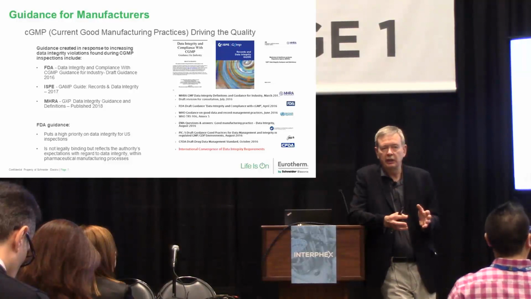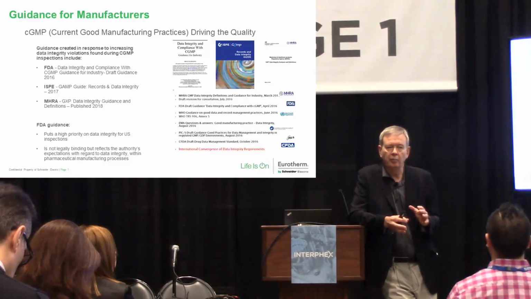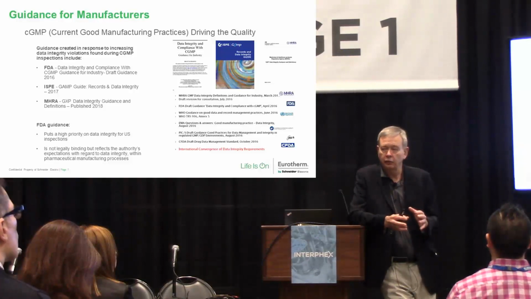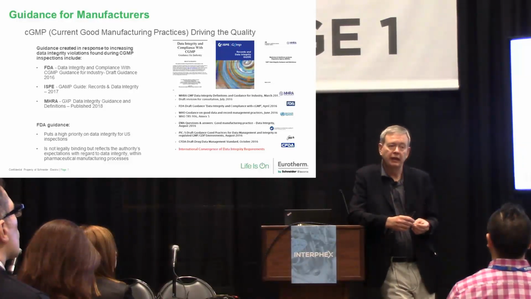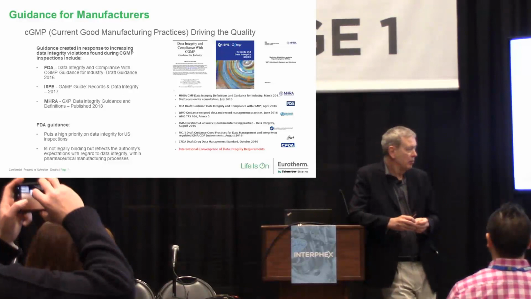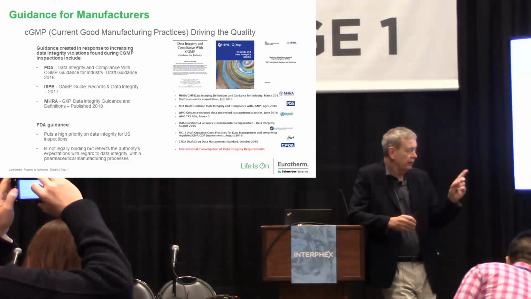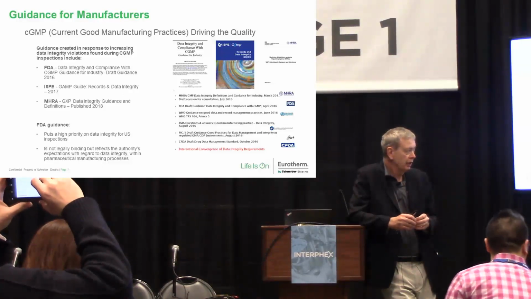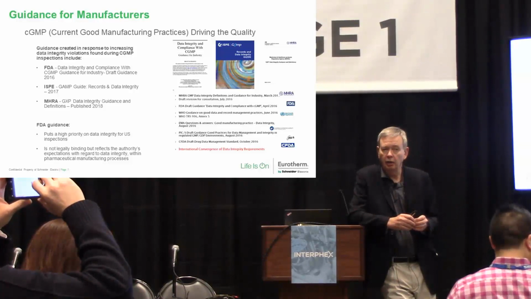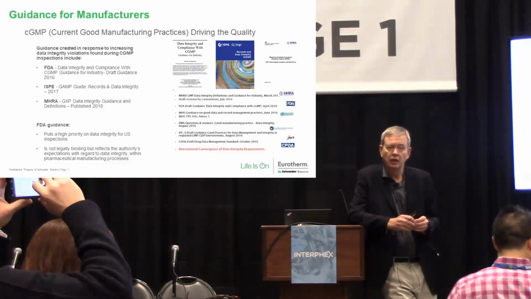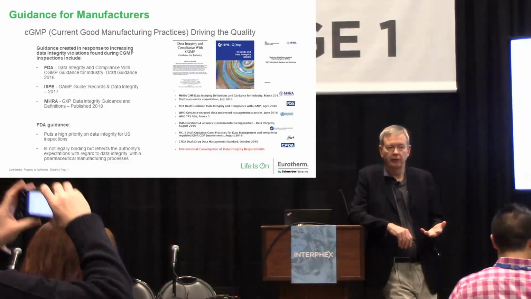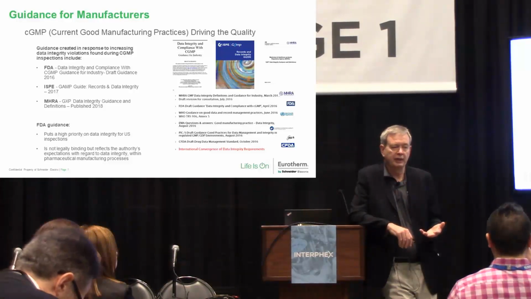All of those folks, beginning in about 2016, began handing down draft guidance related to data integrity issues. And most of them now, I believe the FDA's draft guidance that came down in 2016 was made formal and final at the end of 2018.